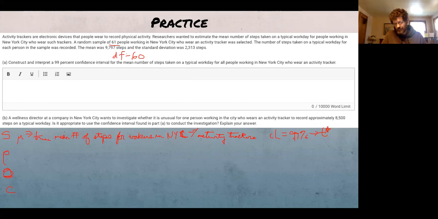You can get that. All right, I'm going to look it up so I don't have to get off of this page. I'm going to use inverse T to figure what that is. It's going to be a 0.005 area with 60 degrees of freedom, which is 2.660.